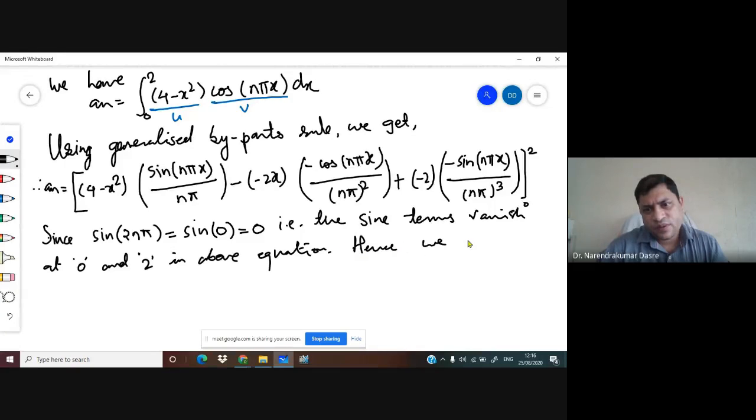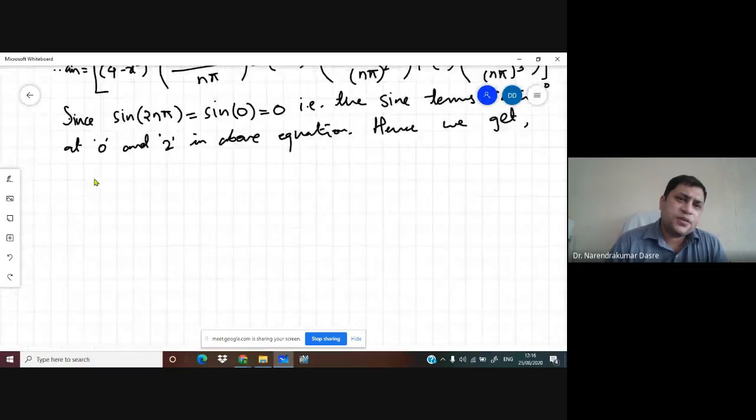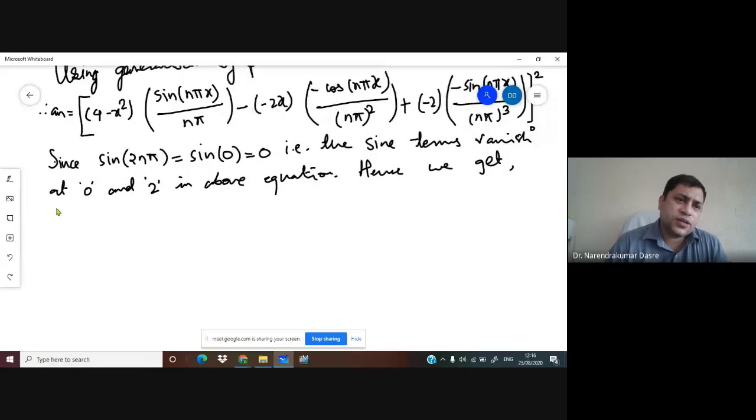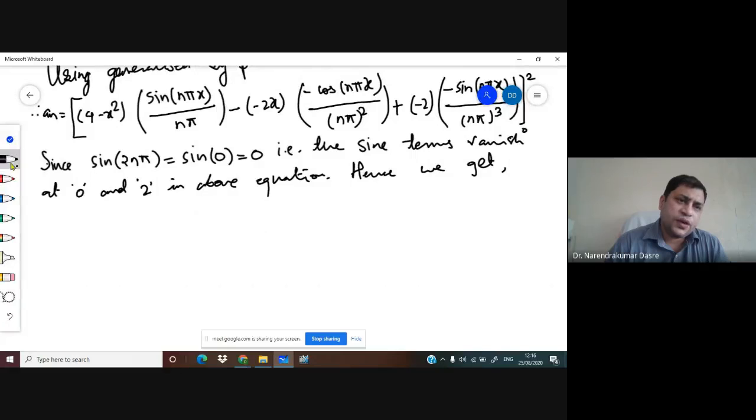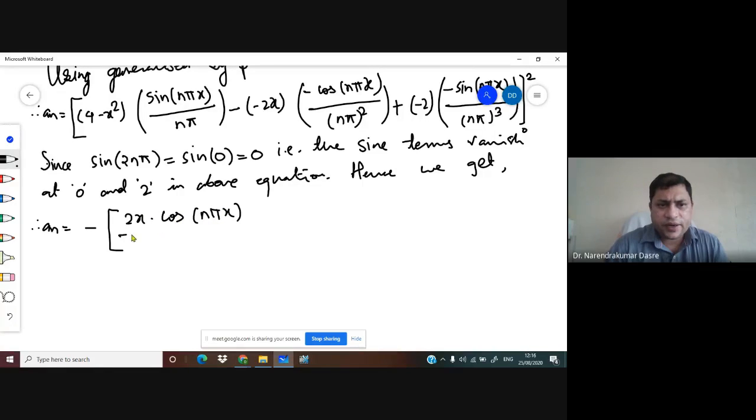Hence, we get. So what we are able to get is, see, there will be only this cosine term. So we have an is equal to, we can have this minus, and this minus, so it will become minus. I'll write this as 2x cos of n pi x upon n square pi square, and the limit is 0 to 2.